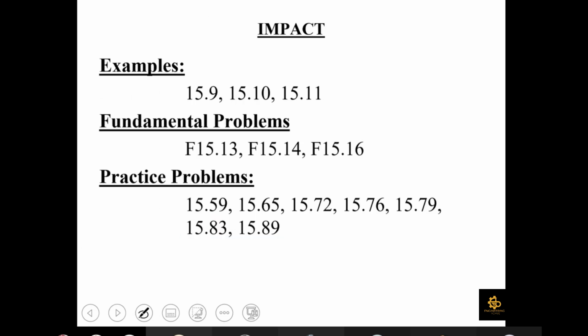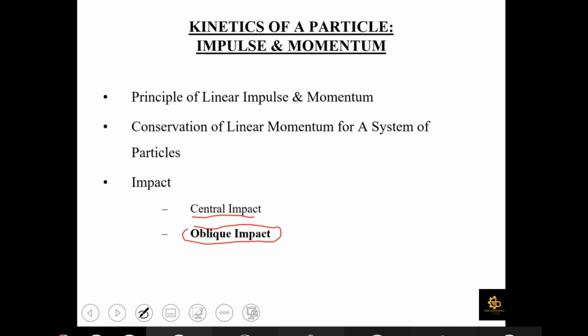problems. So starting with central impact, as you already know that for any problem of central impact, there are essentially two steps for solving those problems. The first one is step number one में आप क्या करते हैं? You are going to apply the conservation of momentum principle on that system along the line of impact.